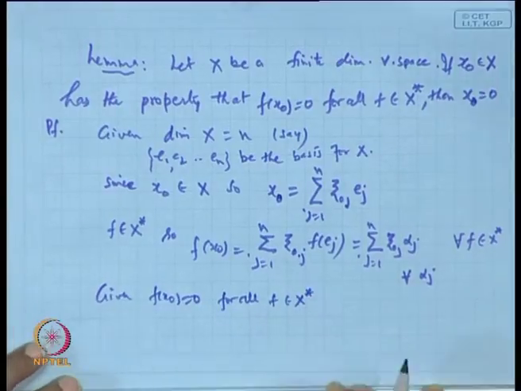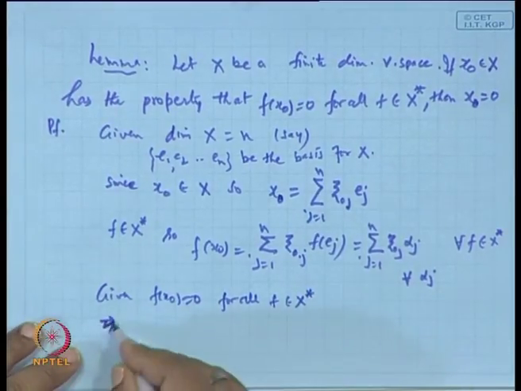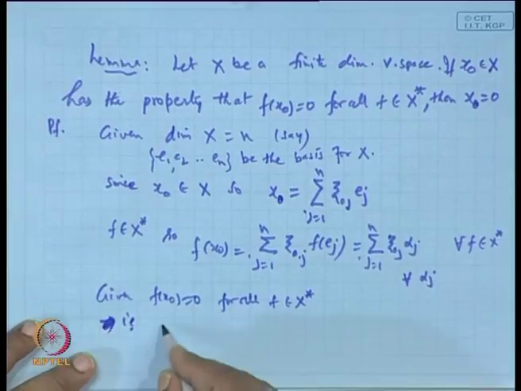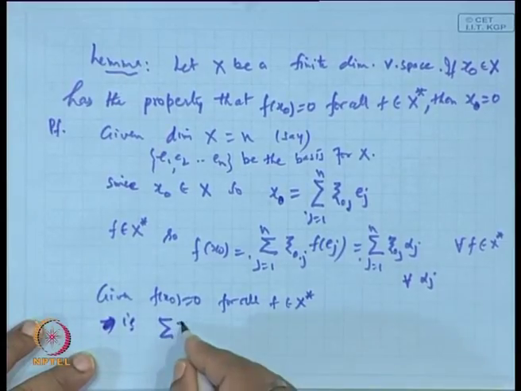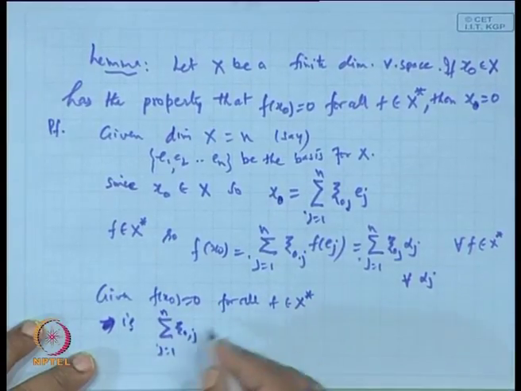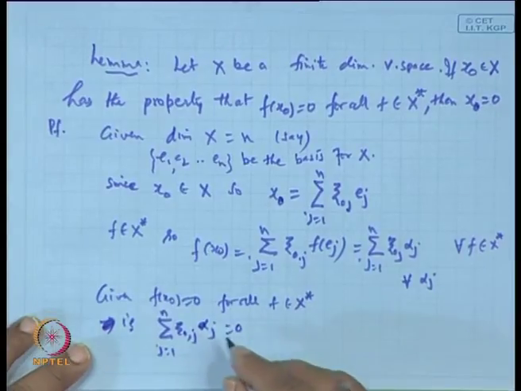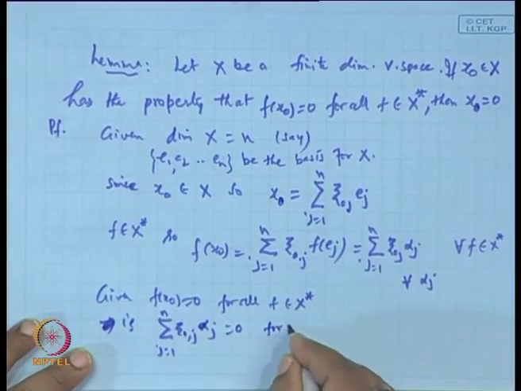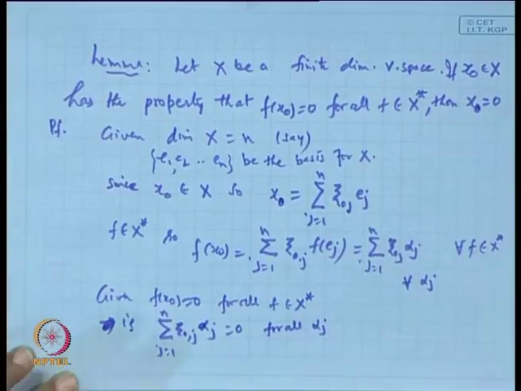This is given. It means that the sum of ξ naught j, j equal to 1 to n, times αj equals 0 is given for all αj. Is it not? For any f means for all alphas also, for any alpha you put.